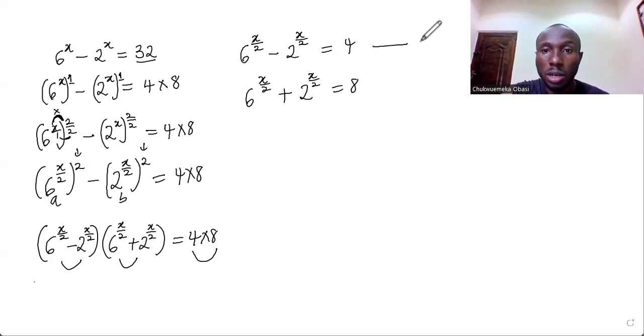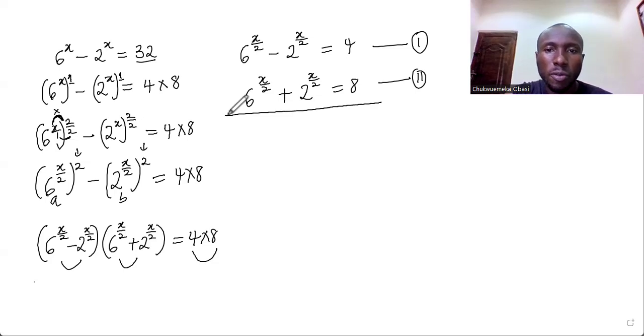We can call these equation 1 and equation 2. The whole mission is to find the value of x, right? So from this point, we have a simultaneous equation, and we can solve it by elimination.